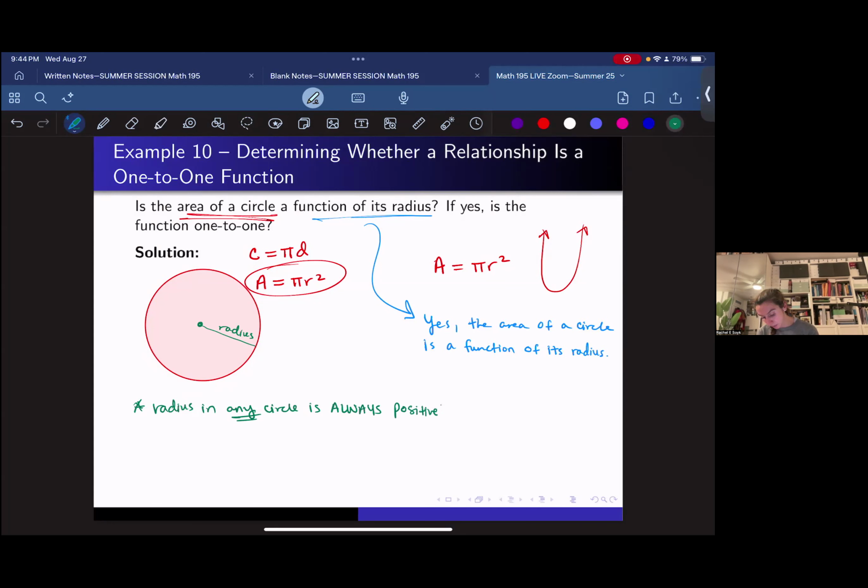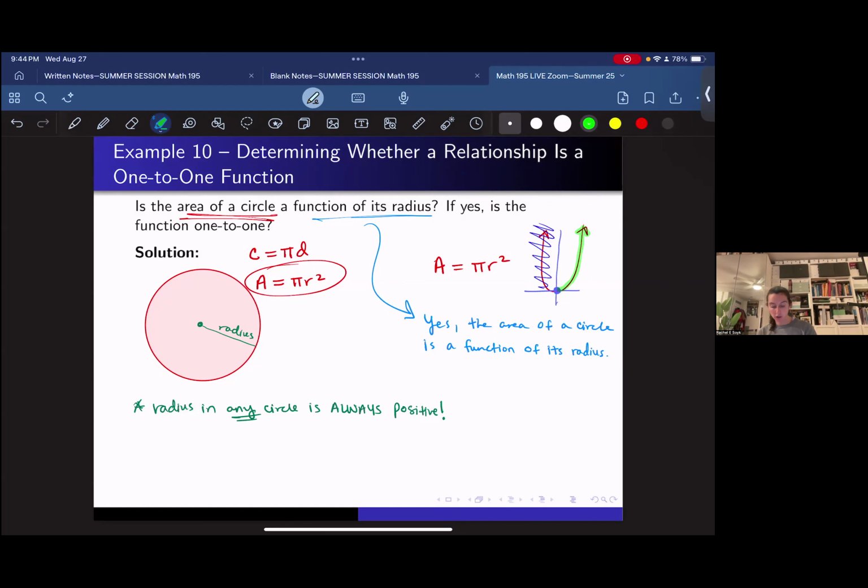AKA our input values are always positive. And so if we're looking at a quadratic function that stems from our origin 0, 0, we are going to be neglecting all of our negative input values and just focusing on our positive values and 0.